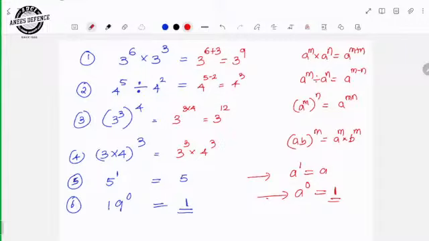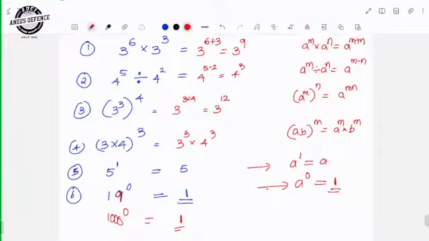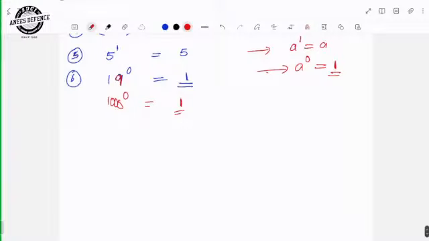Here it is 19 raised to 0. If it is 100 or 1000 raised to 0, that is also 1. If it is 1 crore raised to 0, that is also 1. 10 lakh raised to 0, that is also equal to 1. So anything raised to 0 is 1.